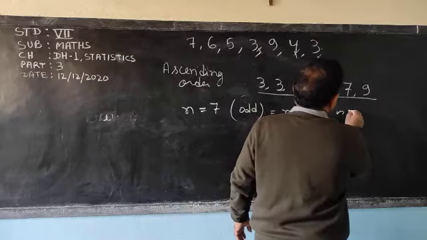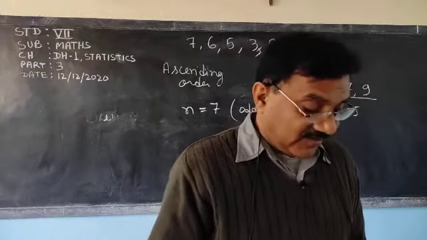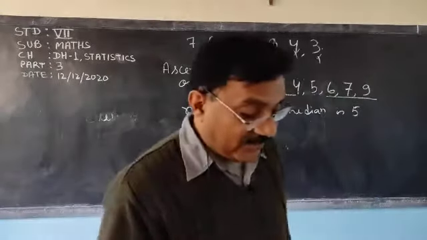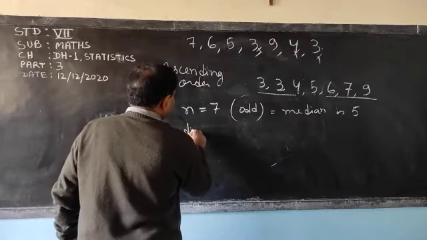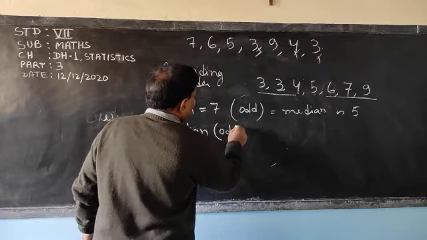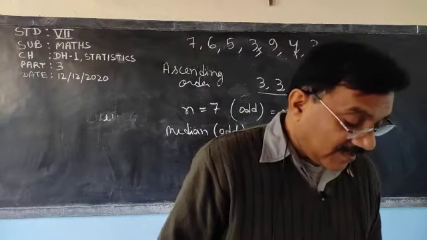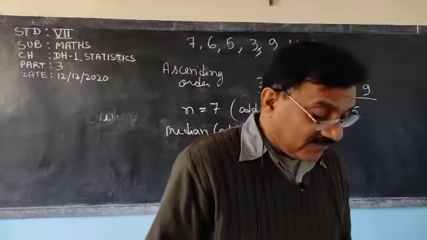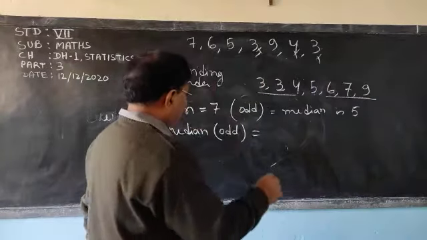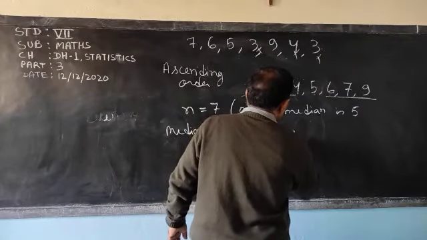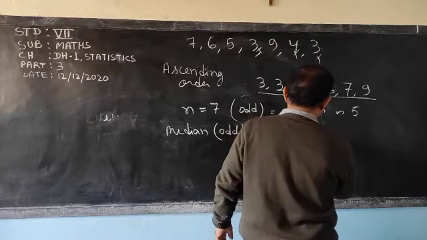But let us find it. The number of observations n is odd. So, for the median for odd number, you can use the formula n plus 1 by 2 observation.